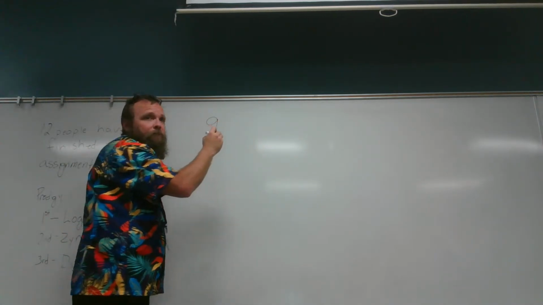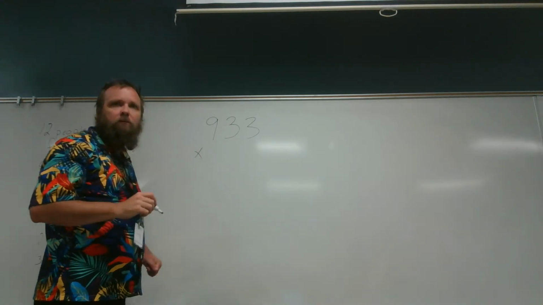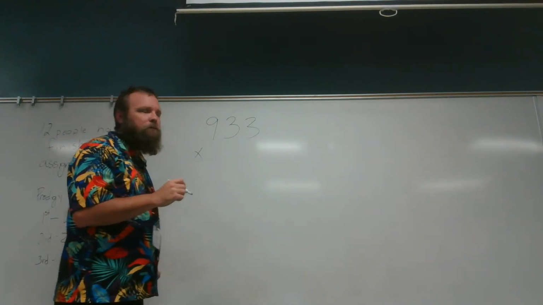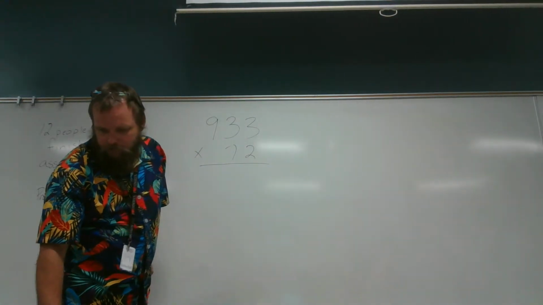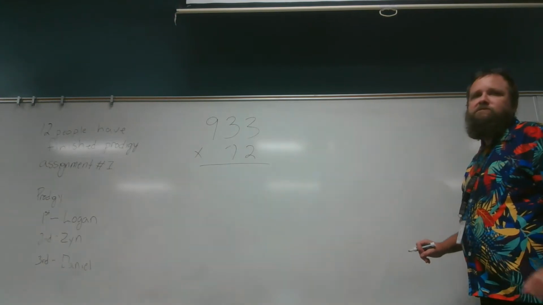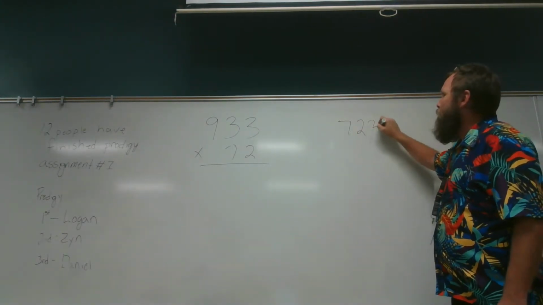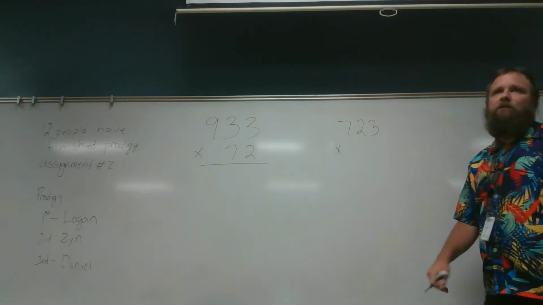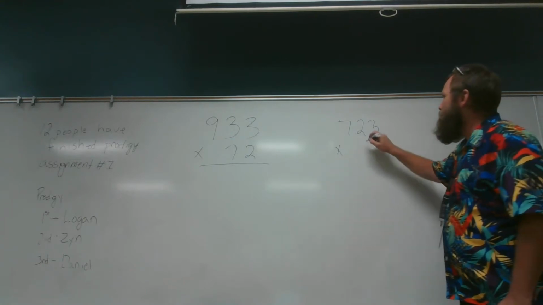Matilda, give me a 2-digit number. 72. Jacob J, give me a 3-digit number. 723. Jacob J, give me a 2-digit number. 55.